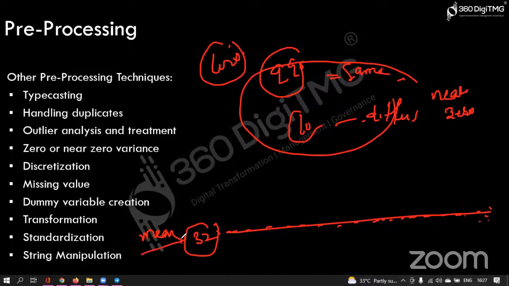That is the mean. But we have just 10 values outside, so we'll be having some variation, but we won't be considering that variation at all, since it is a very small portion of data points. In that case, we'll simply ignore that feature. These are called near to zero variance and zero variance.